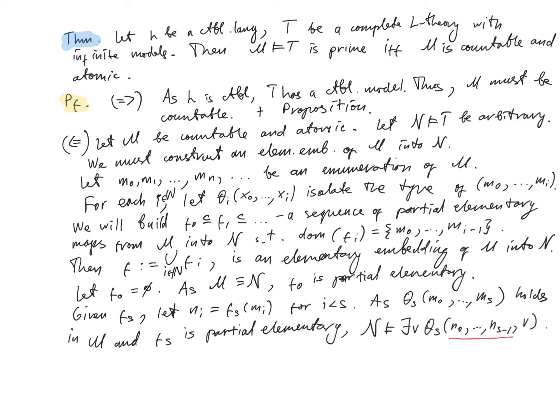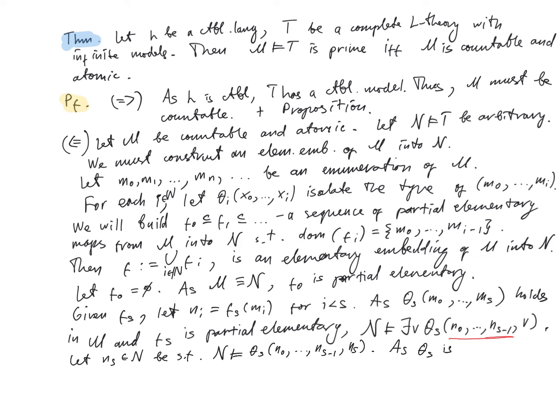Note that the only parameters here are N0 through N(s-1), so they are all in the domain of Fs, which is partial elementary, so it preserves the truth value of this formula. Now we let Ns in N be such that it witnesses this existential quantifier. So N satisfies theta s of N0 through N(s-1), Ns.